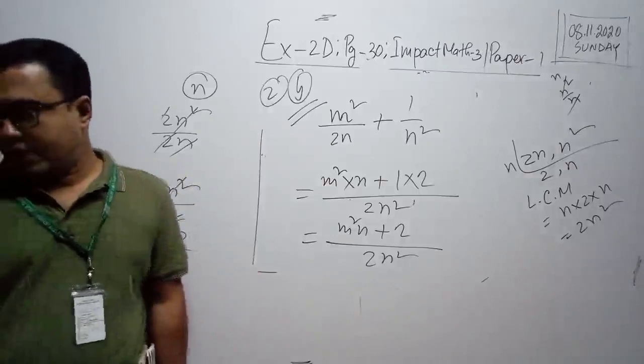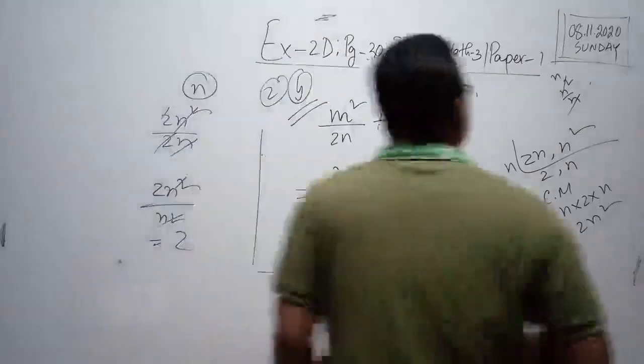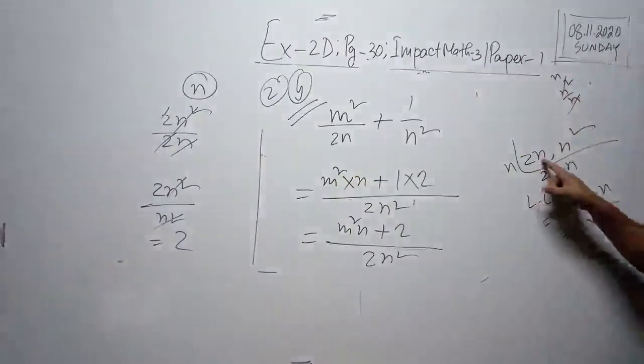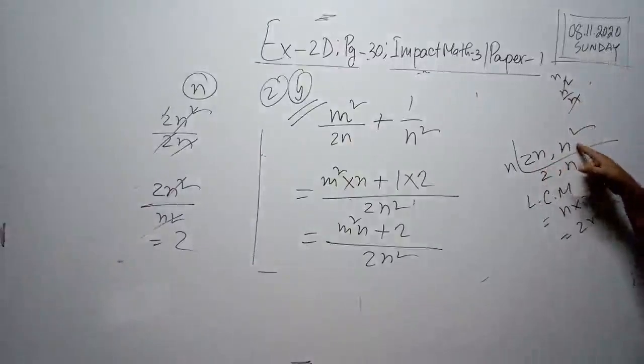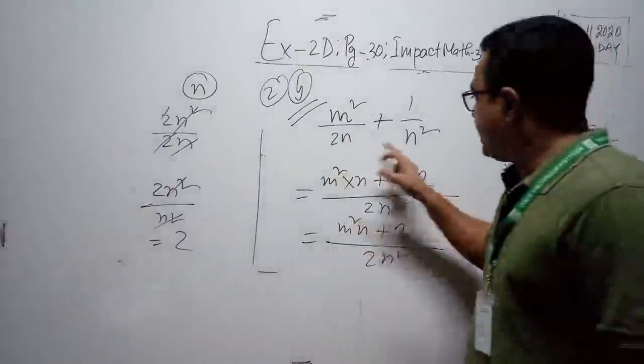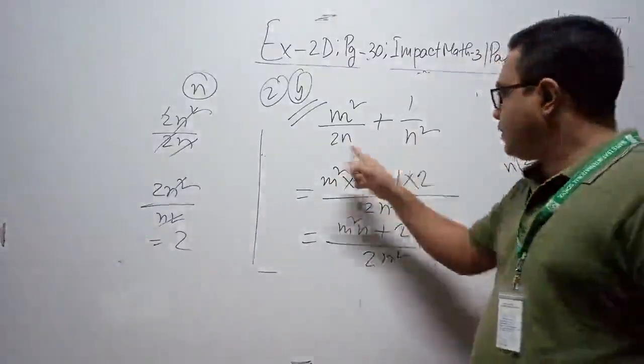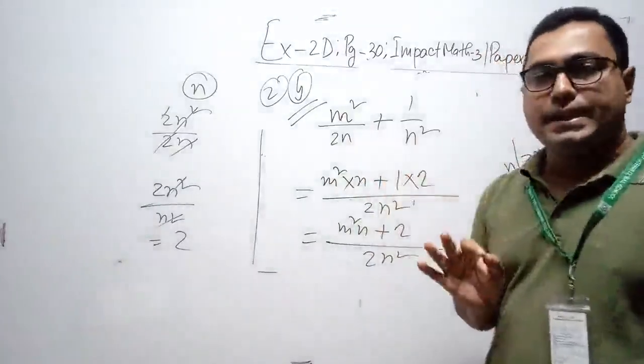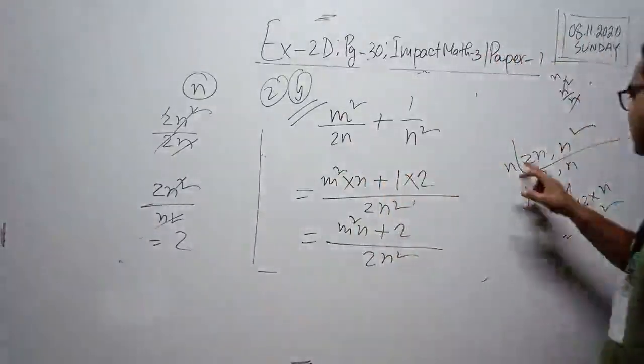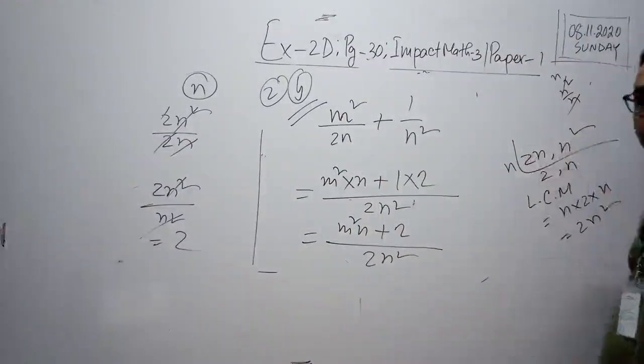How do we do LCM? I didn't understand. Look. Here 2n and n square, 2 terms. Here we will find the LCM. First of all, find the common terms.